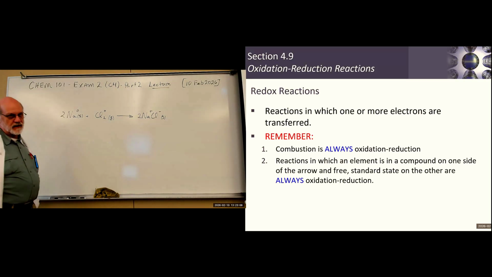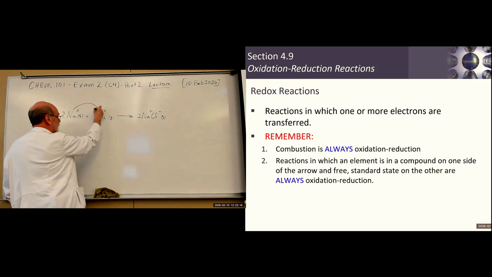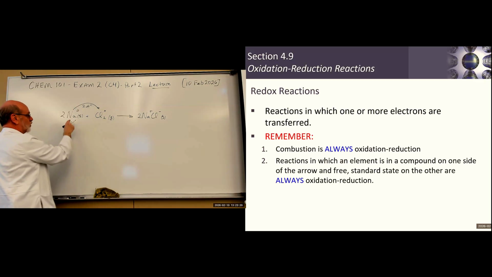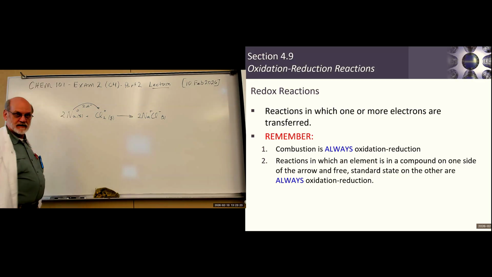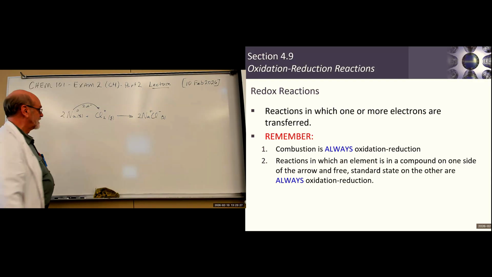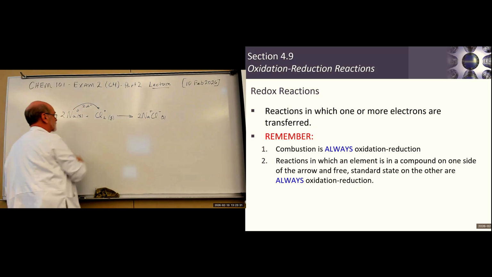Well, nonmetals love electrons. And metals are all too happy to give them up. So electrons from here traveled there. Actually, 2 of them. 1 for each sodium. And 1 ending up on each chlorine. That gives us a negative charge for the chlorines and a positive charge for the sodiums.